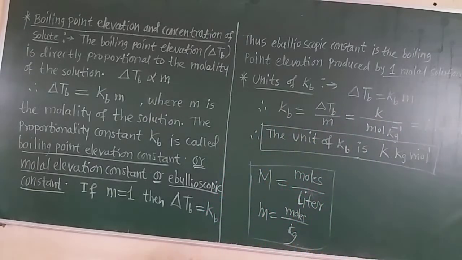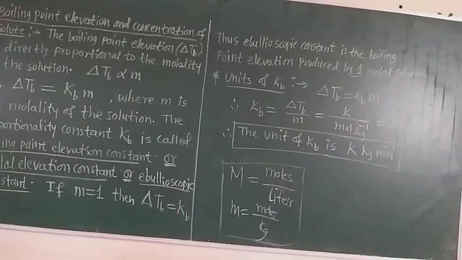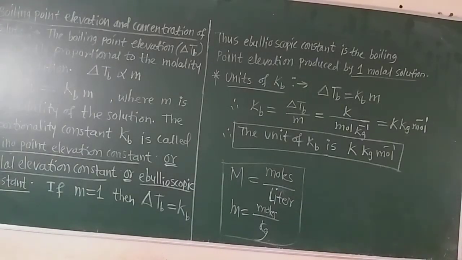Now what does this show? Now see here, when the molality of the solution is taken as 1 molar, then delta TB is equal to Kb.